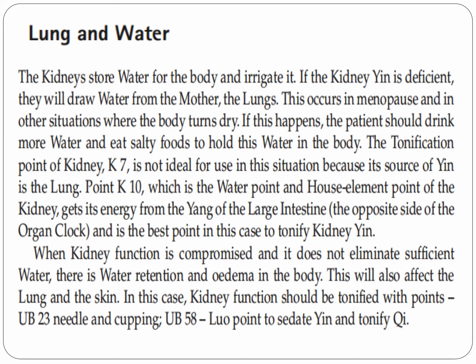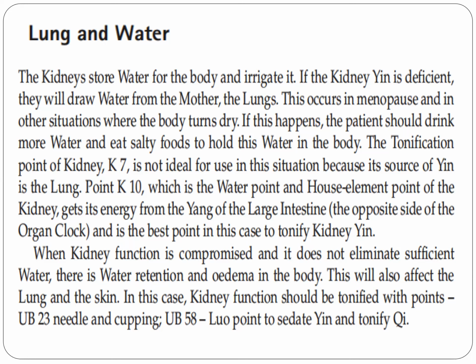The tonification point of kidney 7 is not ideal for use in this situation because its source of yin is the lung. So, point kidney 10, which is the water point of the kidney, gets its energy from the yang of the large intestine, the opposite side of the organ clock, and is the best point in this case to tonify kidney yin.